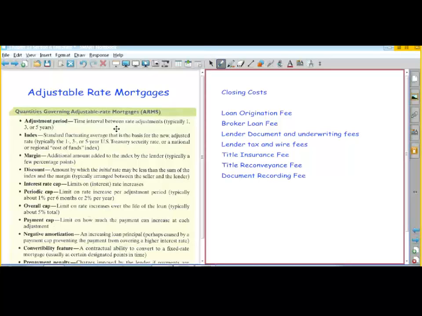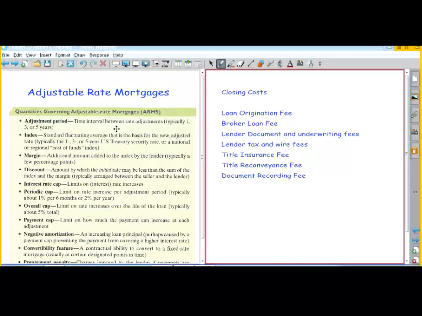So there are all these fees: loan origination fee, broker loan fee. I don't know what those all mean, but you have to pay them, as well as the title insurance fee. They do a title search to make sure that the person who's selling the house actually owns the house, so that somebody doesn't come by later and say, hey, he never owned the house, so he sold you a house he didn't own.